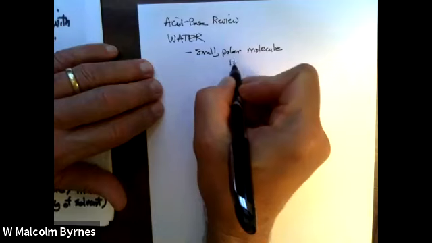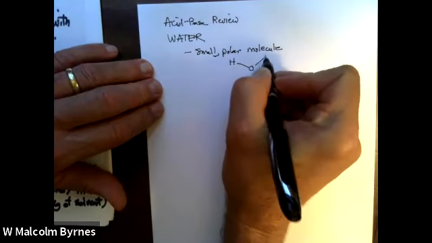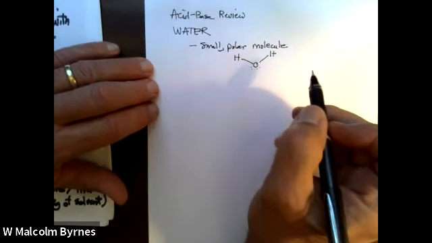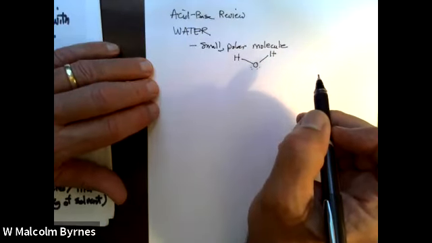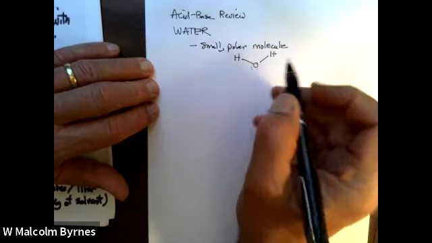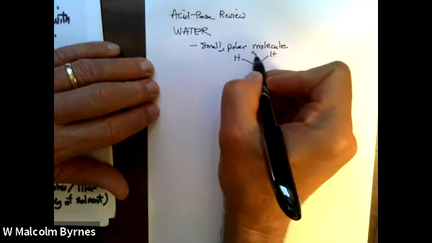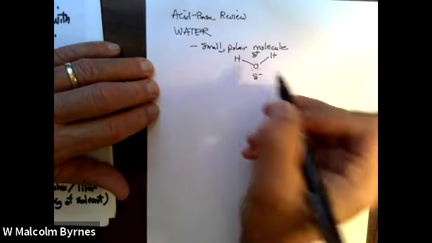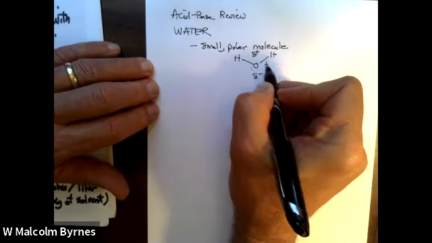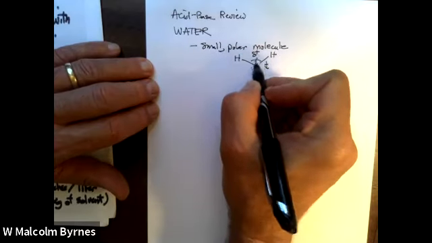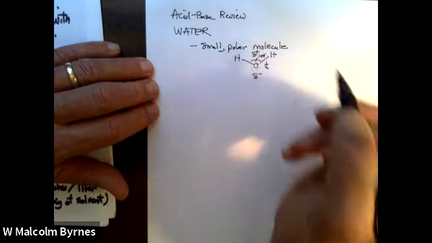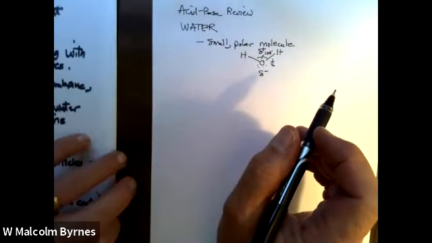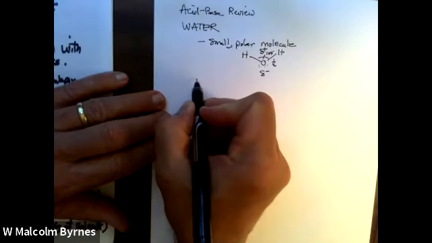It has a bent molecular shape, with two pairs of unshared electrons on the oxygen, a partial positive charge on the two hydrogen atoms, and a partial negative charge on the oxygen. So it has this dipole moment, and the bond angle is around 104 degrees.